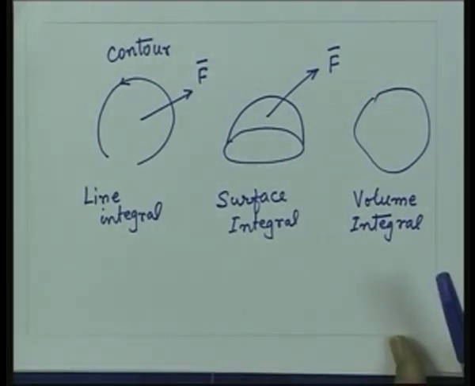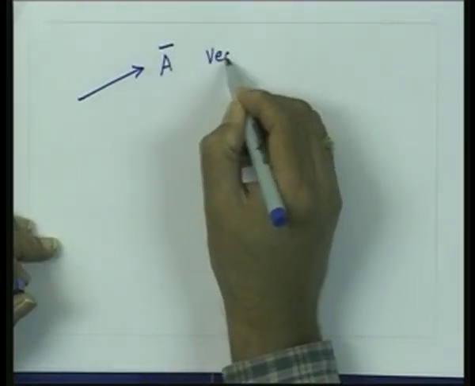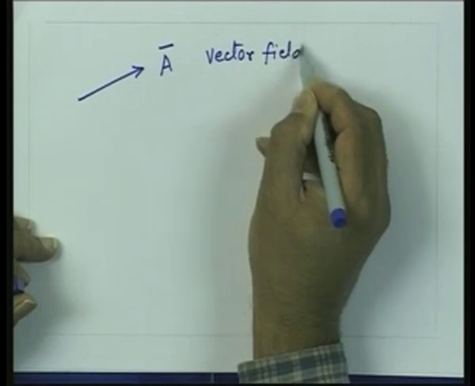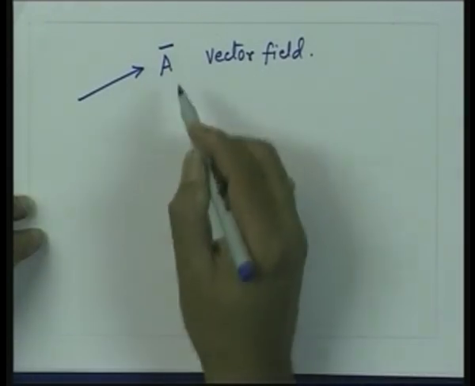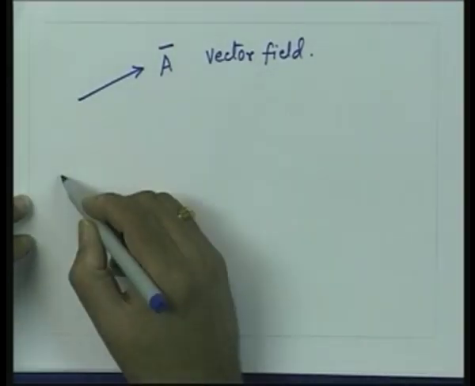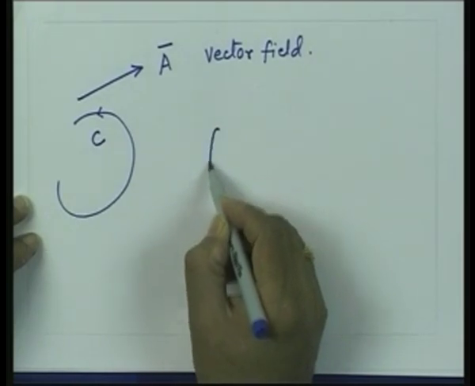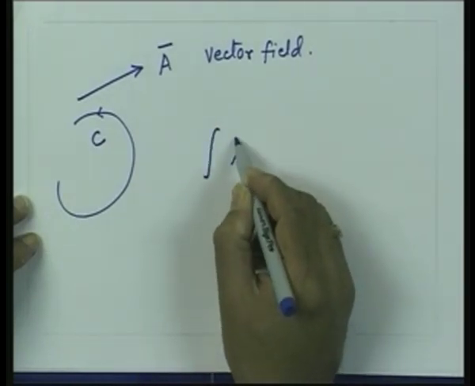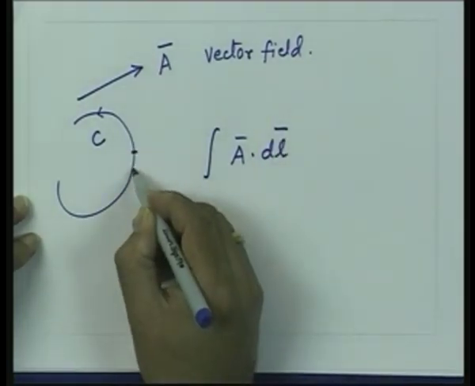So, now we can define the surface integration and the volume integration and the line integration as if I take some vector A, some vector field, let us say denoted by A is my vector field, then the line integration around a path of contour, some contour C, is integral A dot dl, where dl is the segment along the length.